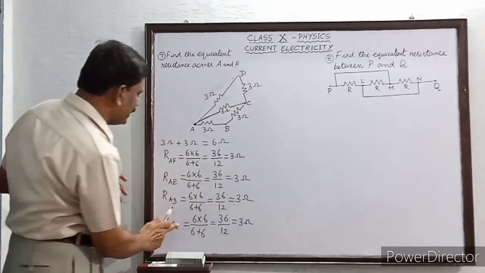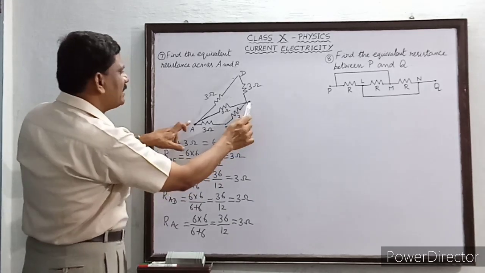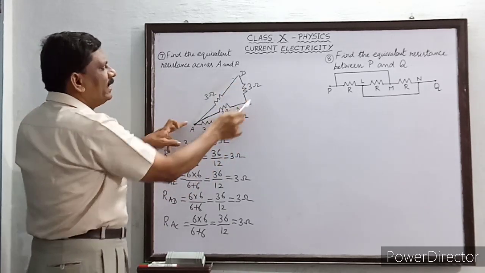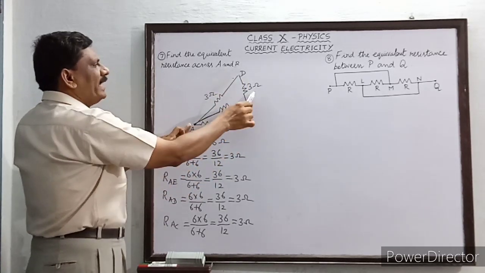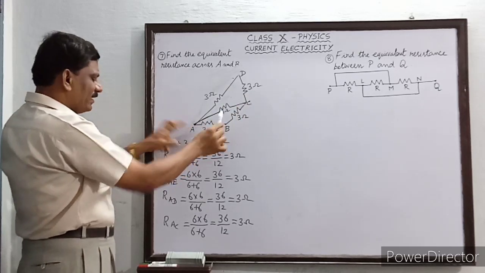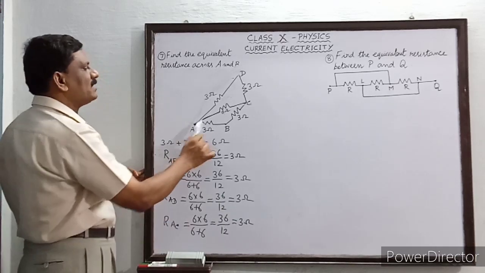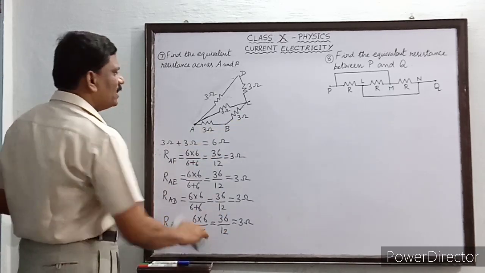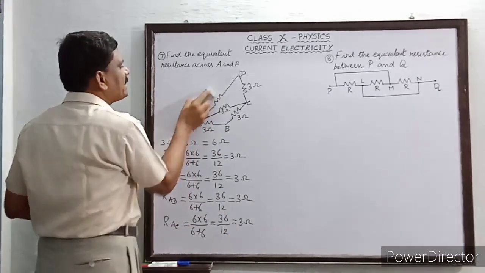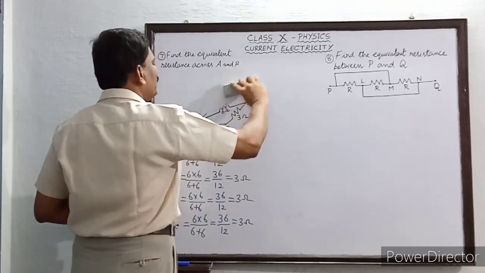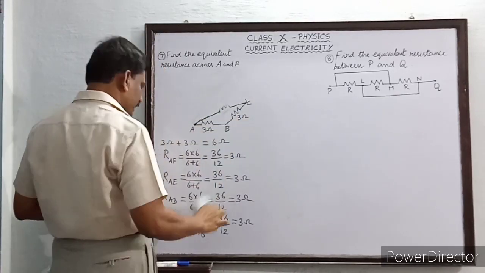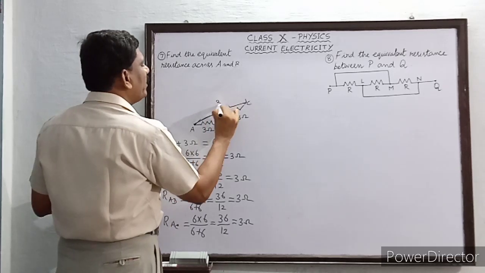That is A and C. So this is AD, then DC. 3 ohm plus 3 ohm is 6 ohm, and 6 parallel 6 is 6 into 6 by 6 plus 6. So the effective resistance between A and C is now 3 ohm. So I am going to replace the 3 resistors, namely 3 ohm, 3 ohm and this 6 ohm, by 3 ohm.